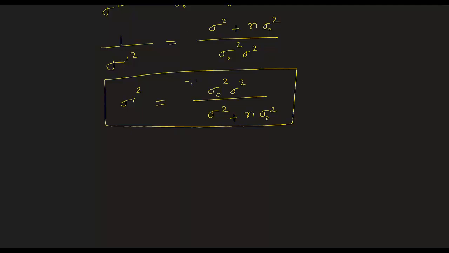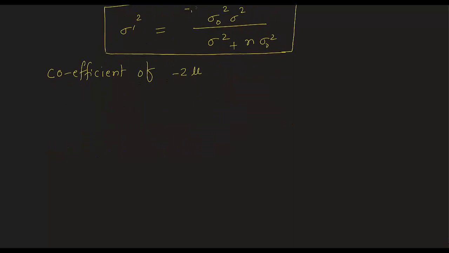Now let us equate the coefficients of minus 2 mu. If I do that, I will get mu dash divided by sigma dash square is equal to mu naught by sigma naught square plus summation of xi divided by sigma square.